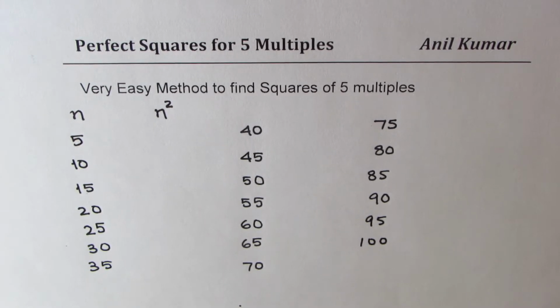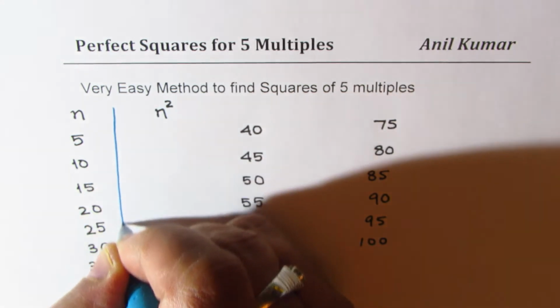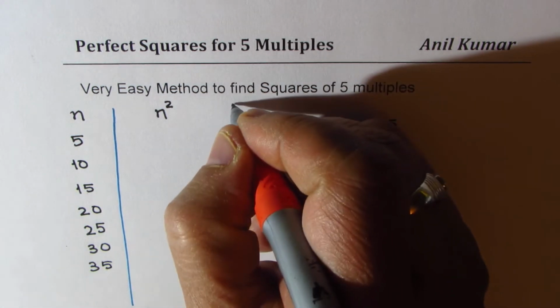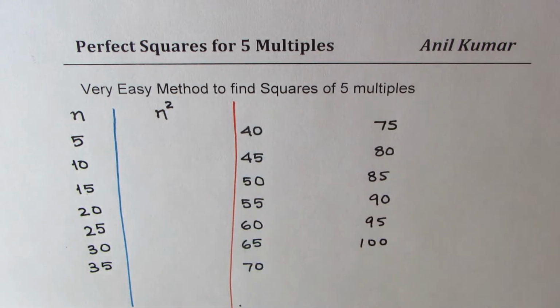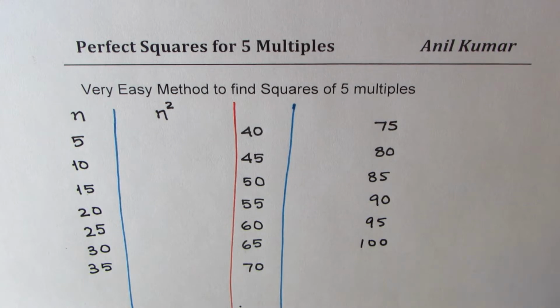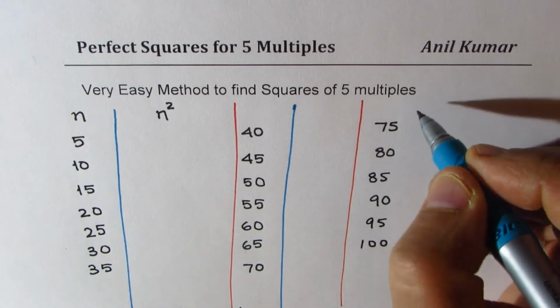We need to figure out how to get their squares. Now, very easy squares are, so let me make columns here. We'll write numbers and we'll write their squares. Then we'll write again some numbers and their squares, again some numbers and their squares.